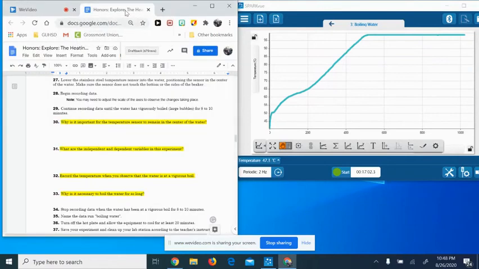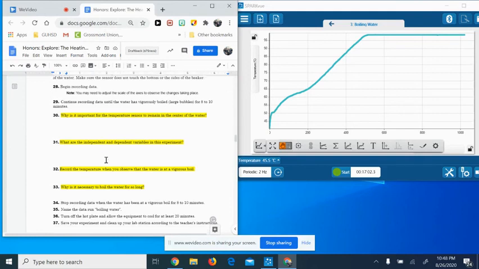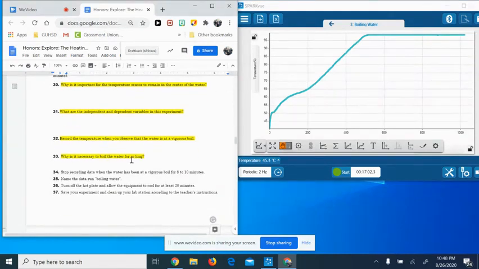Okay, so what I am going to do now is show you the very last part of this lab. You are responsible for filling in the data and the information for this lab. We have actually answered all of these questions except for this one, which I think is a really good question. Why is it necessary to boil the water for so long? If you look back at your first graph, when we melted solid water to liquid water, that line was really small.